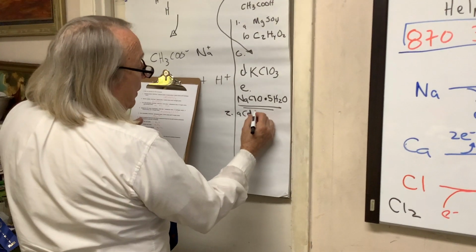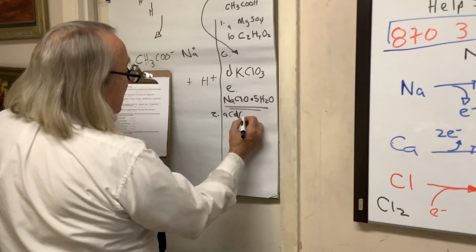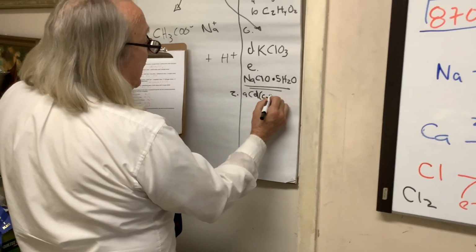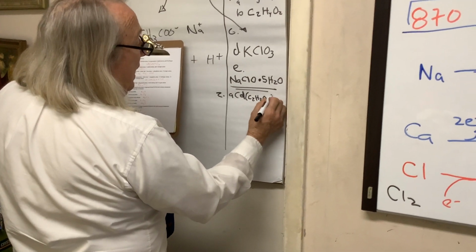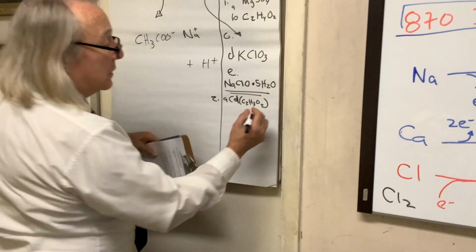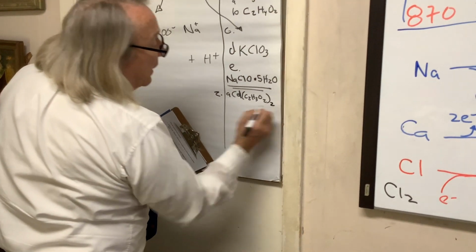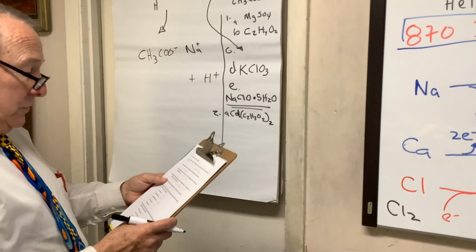So, depends on how you write it. I would write it that way, but I think they want us to write it C2H3O2. And this is a -1. Cadmium is +2. So to form this ionic compound, I need 2 of those. 2 -1s and 1 +2.